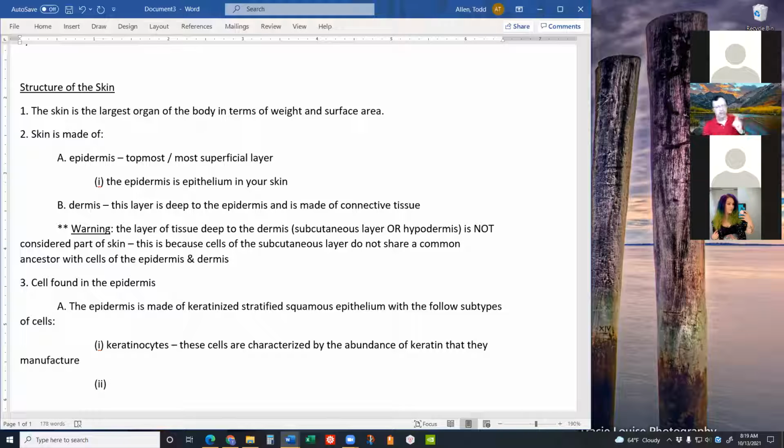Okay, melanocytes would be next. I bet you've heard of melanocytes. Melanocytes are characterized by a special pigment that they manufacture called melanin.